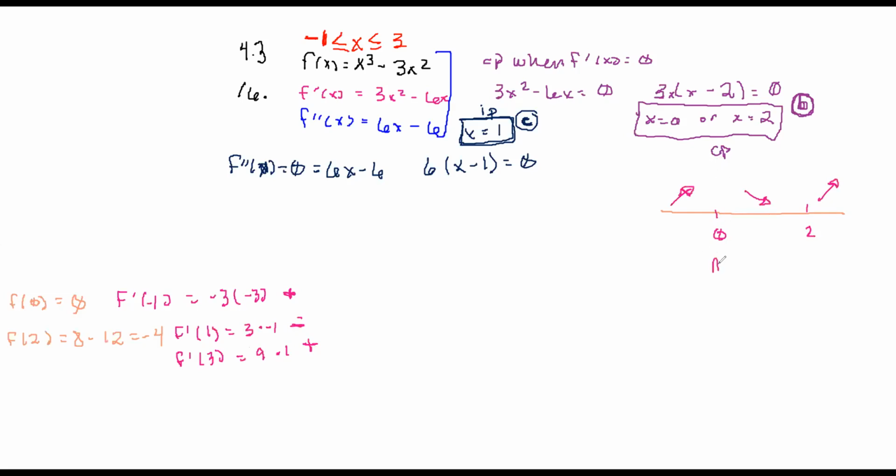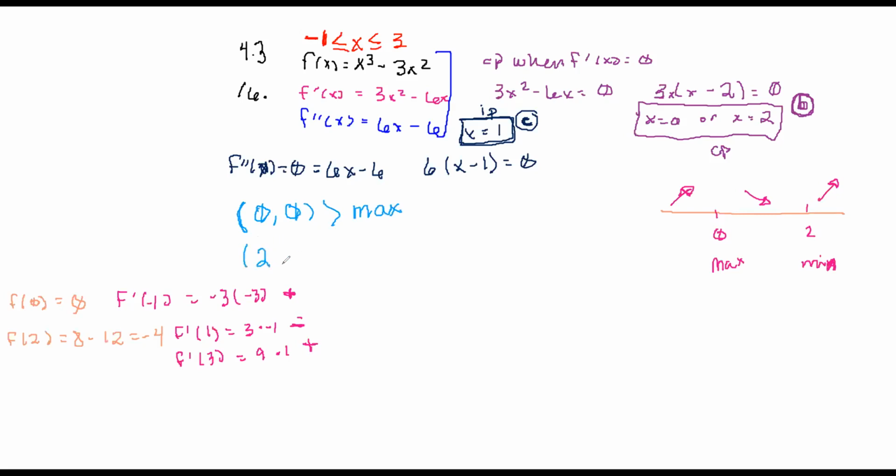So I got a max at 0, I got a min at 2. And now I know exactly what those points are. I know that at (0, 0), this is a max. And this is an ordered pair.